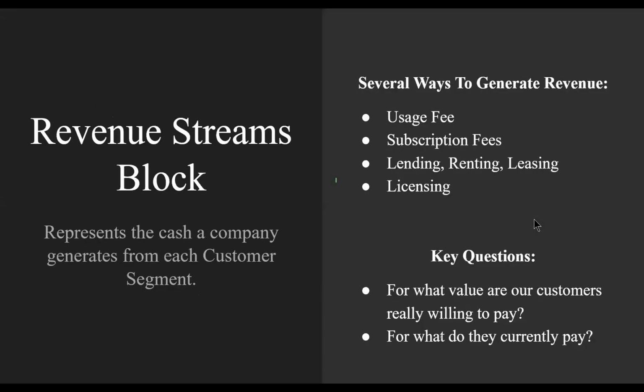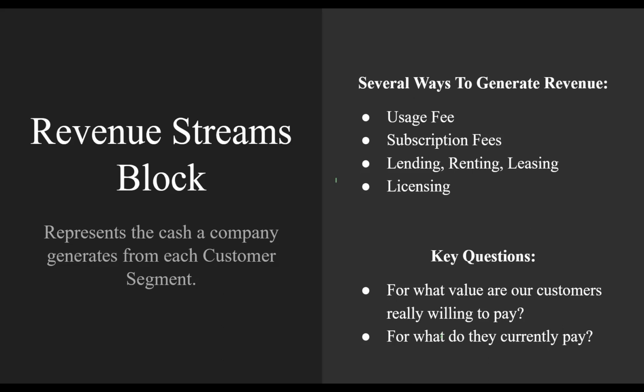The next part is the revenue streams part. The revenue streams is where things get serious, actually, in the canvas. The things you write down in the revenue streams part are basically the cash, the money your company earns from each customer.